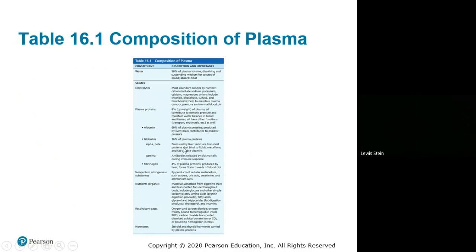Alpha and beta globulins are produced by the liver. These are transports that principally bind lipids, some vitamins, some metallic ions. When you hear about certain kinds of lipidemias or problems with lipoproteins, which I know you've heard about in biochemistry, these are the molecules that do a lot of the transfer, alpha and beta globulins. Then the antibodies.